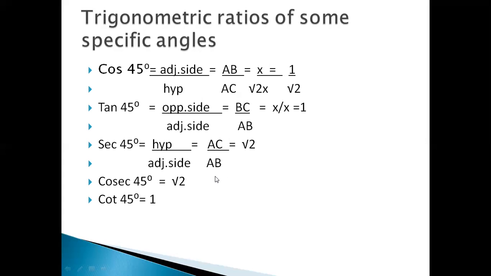Now, cot 45. Cot is the multiplicative inverse of tan. So that is 1 by 1 because we got tan 45 as 1. Reciprocal of this is what? 1 by 1. That is, cot 45 is 1. So the values of all the trigonometric ratios of 45 degrees are here. I have explained how they have come. Now let us see 30 degrees, and in this module, I'm going to explain 30 degrees.